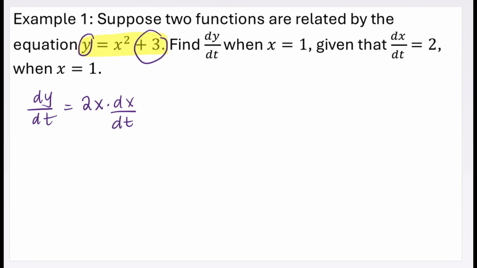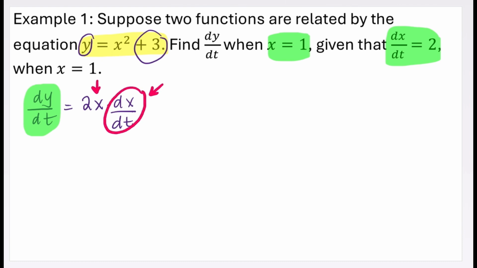Now, we were trying to find dy/dt when x equals 1 and when dx/dt equals 2. So those are going to be the values that I'm plugging in here for x and here for dx/dt. So dy/dt is 2 times 1 times 2.